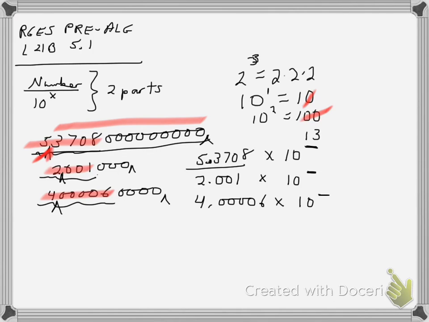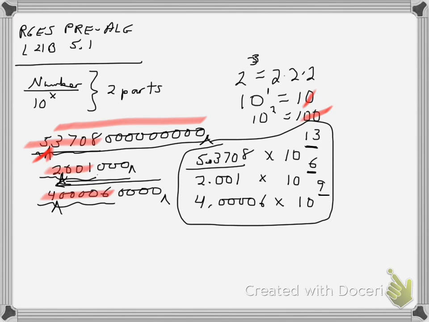In the next one, I've moved it from there to there, 3, 6 places. And in the next one, I've moved it from here to here. So I've moved it 3, 6, 9 places. Okay. So this format represents scientific notation, and it's another way to write a very large number. So that's how to go from the very large number to scientific notation.